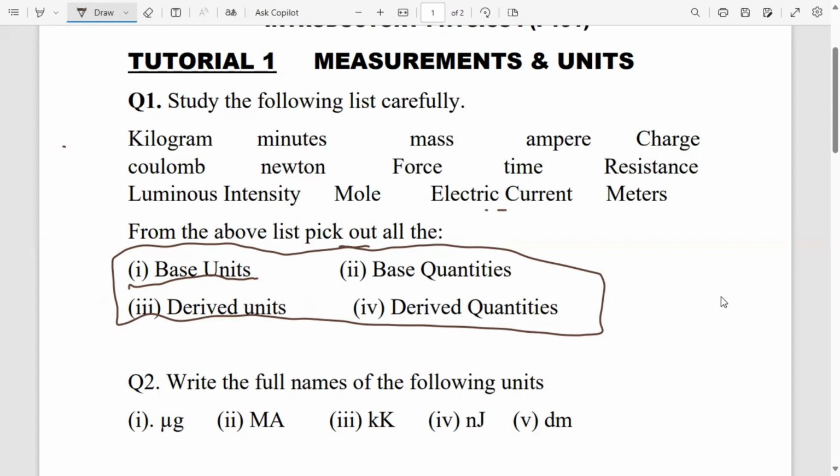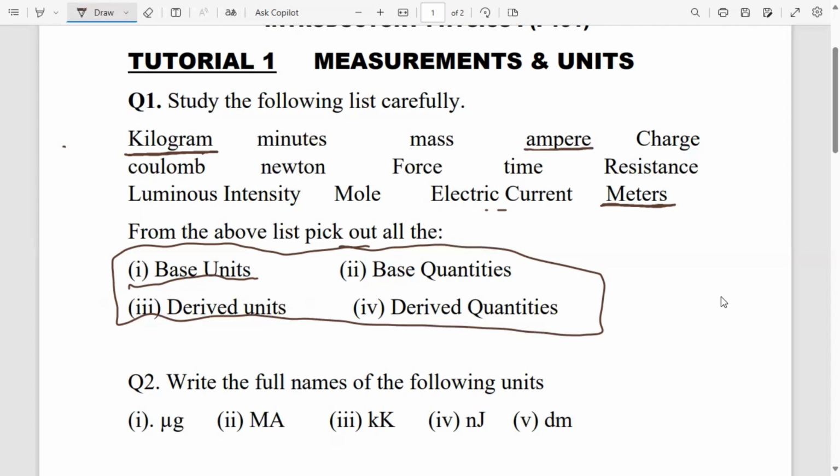So let's see. Okay, so we have the meter. Meter is a base unit. We also have the kilogram as a base unit. We also have ampere for electric current as a base unit.